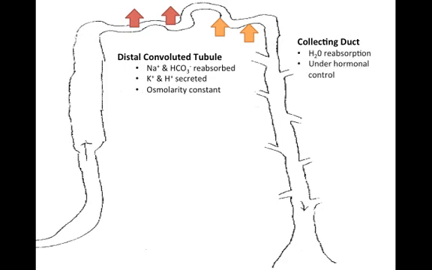Lastly, the collecting duct is a site of pretty much just water reabsorption. What's important to know about the collecting duct is that it is under very strong hormonal control, particularly ADH, which is antidiuretic hormone, and vasopressin. They're the same thing.